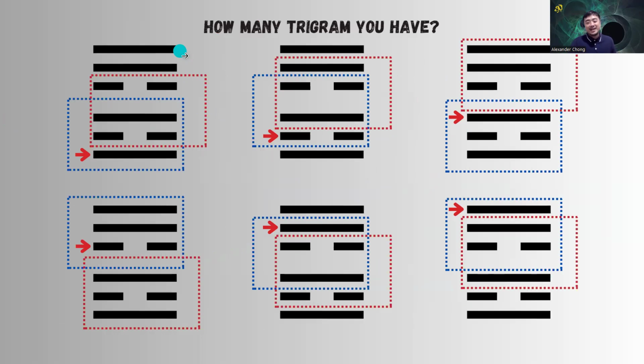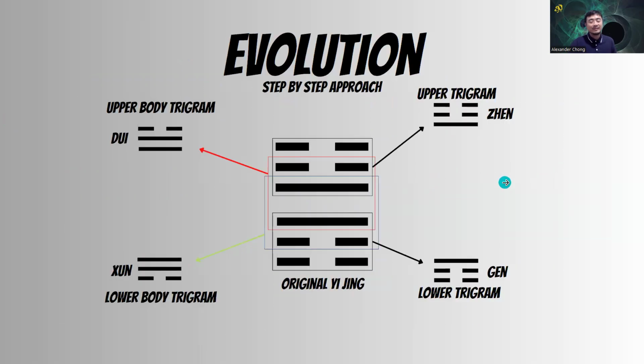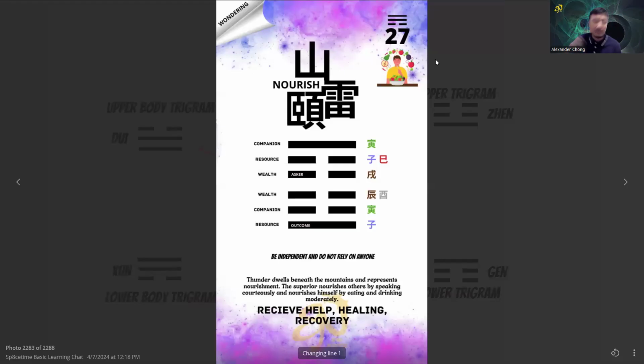Okay, simpler version, only for people who find this easy to understand. So you get your hexagram. Imagine that this is your hexagram. Okay, simpler version. Actually, it's already enough for you guys.